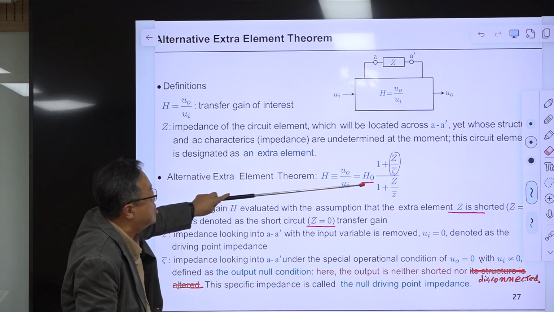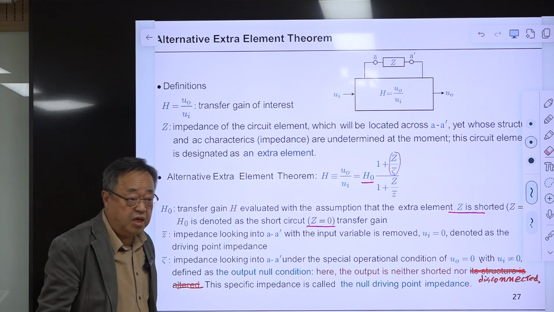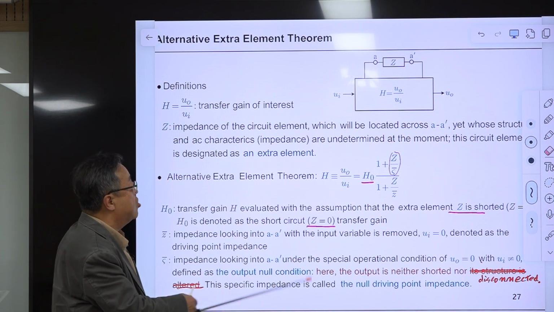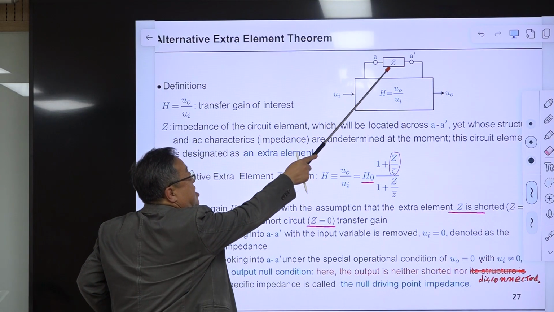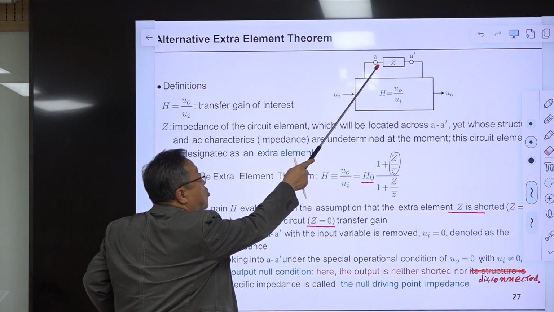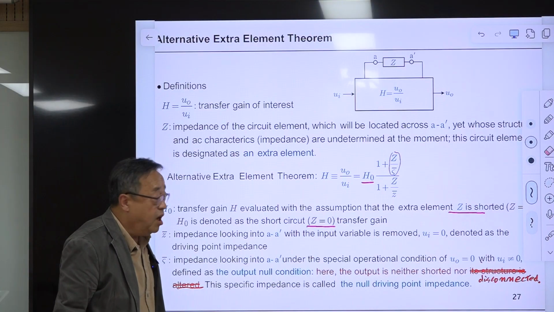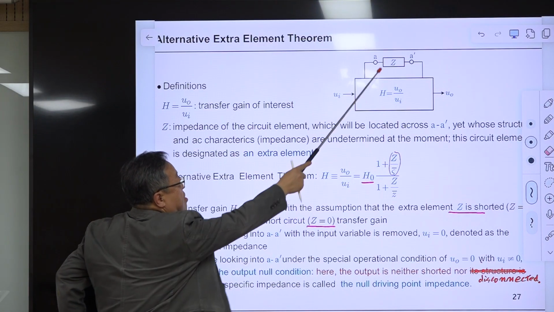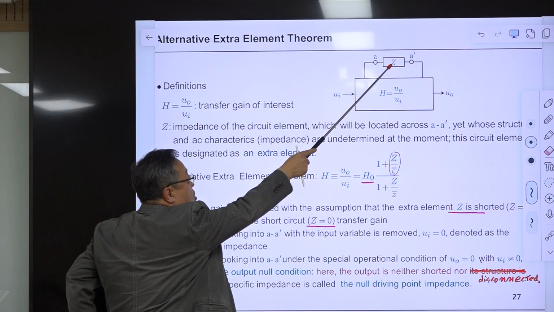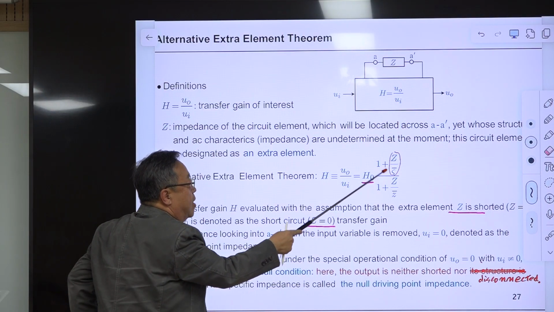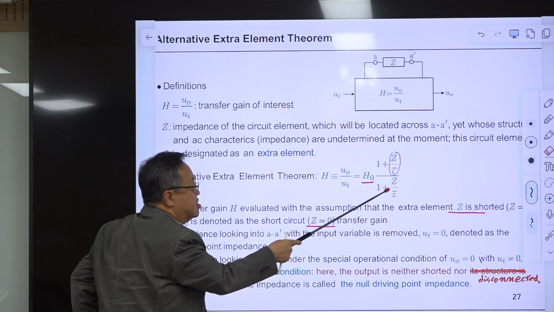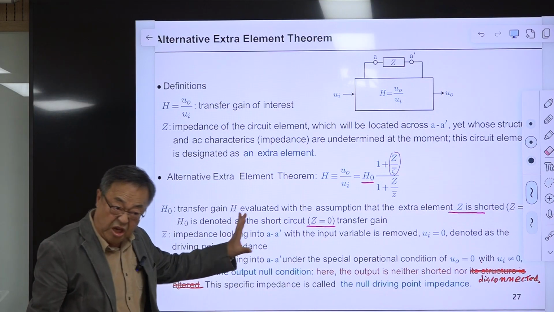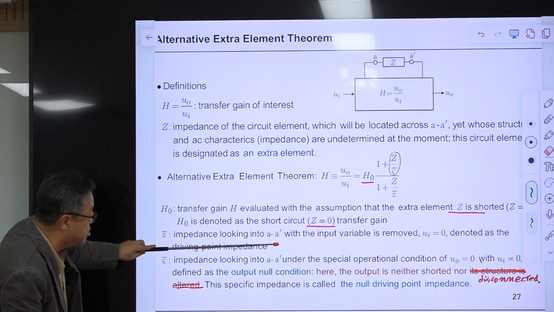H0 represents the input-output transfer function with G equal to 0, this port shorted. This is the impedance of this component, and this is the null driving point impedance. This is the driving point impedance. The definition is exactly the same.